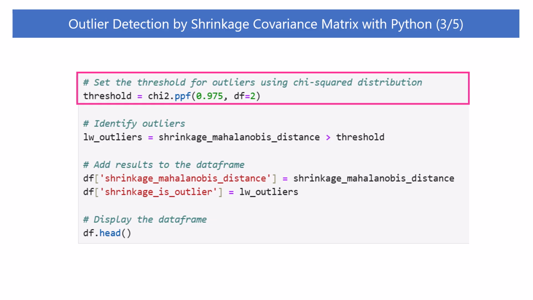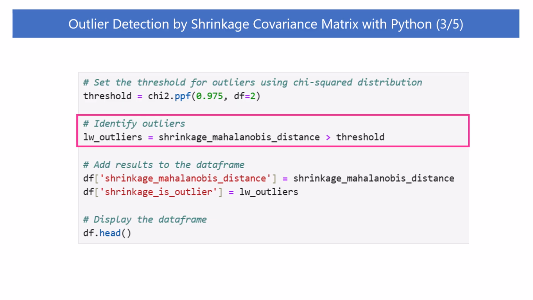The threshold is stored as the variable named threshold. This threshold defines the boundary at which the Mahalanobis distance is considered an outlier. Data points with the Mahalanobis distance exceeding this threshold are identified as outliers.